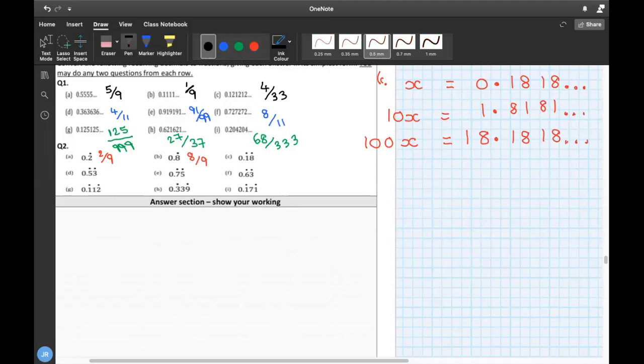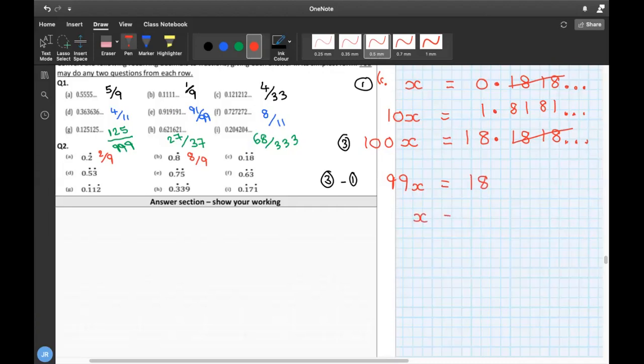So if this was equation 1, this would be equation 3. And we're now going to do equation 3, subtract equation 1. Thinking about our x's, you've got 100x, subtract 1x. That will leave you with 99x. Then we've got 18.181818, take away 0.181818. Your decimals will cancel out, and you'll just be left with 18.